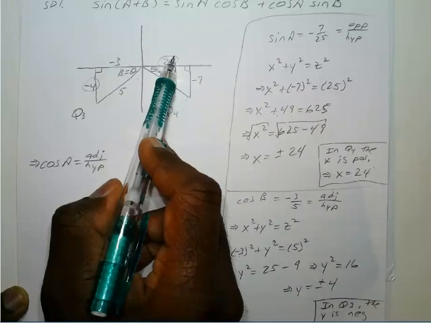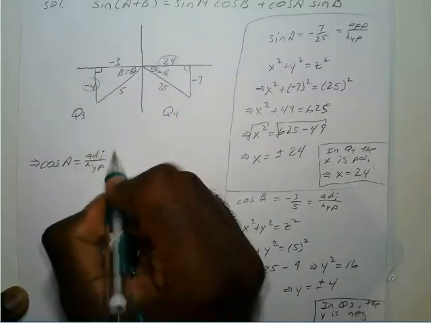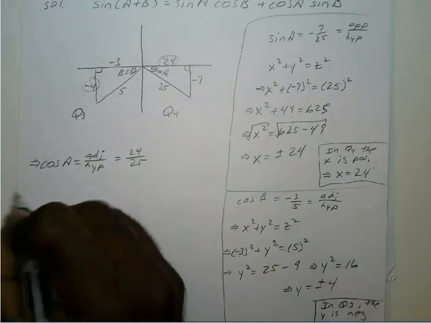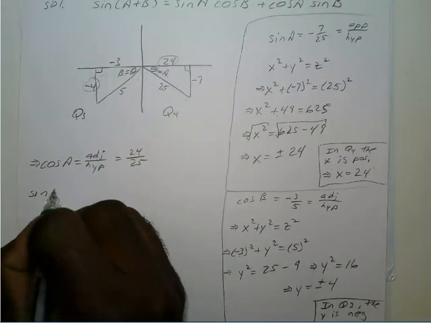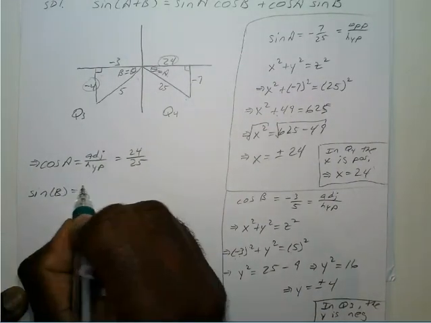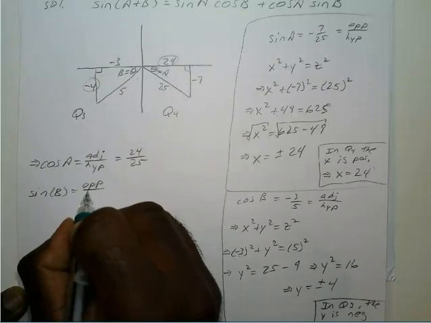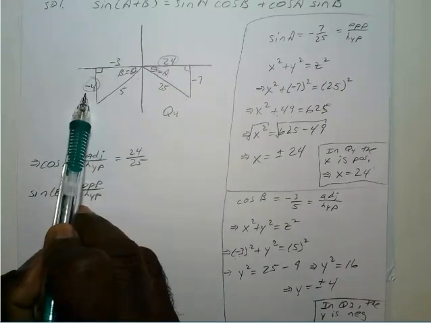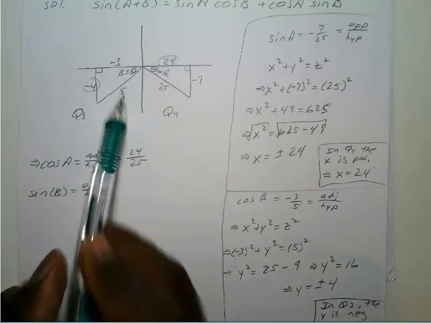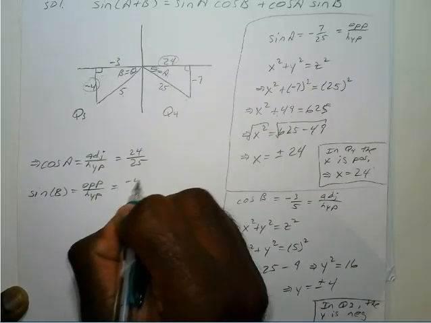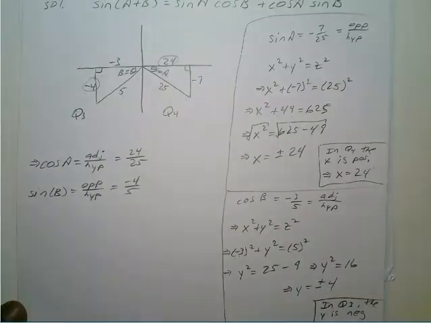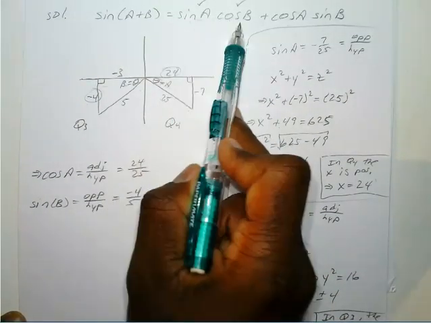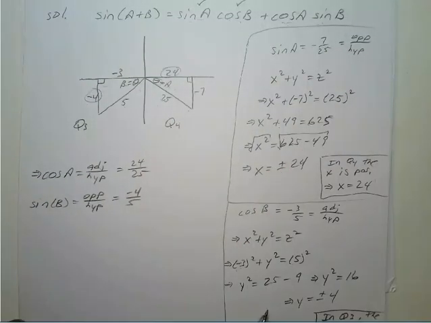So you have 24 over 25. And for sine of B, it's opposite over hypotenuse. So your B is opposite, so you have negative 4 over 5. Okay, so now we plug everything in, the 2 that we were given and the 2 that we had to find.